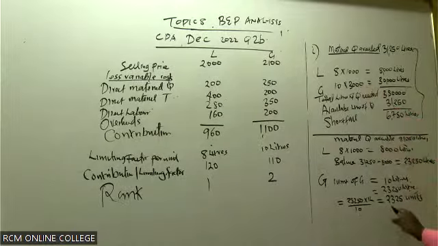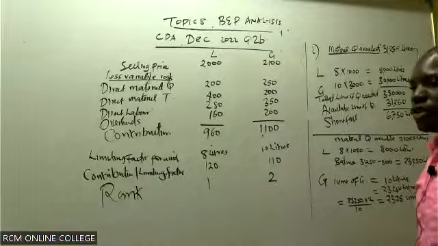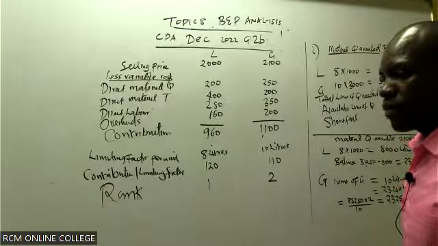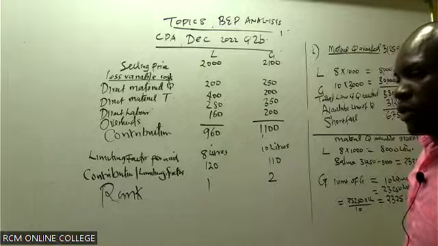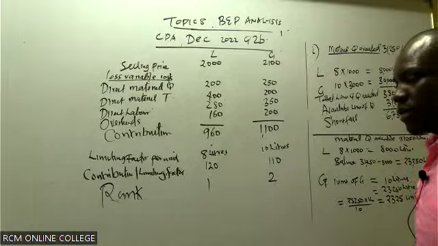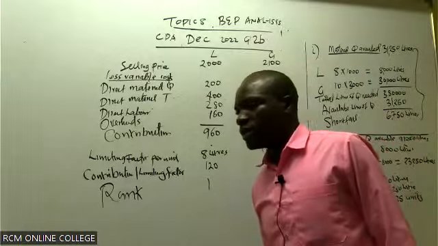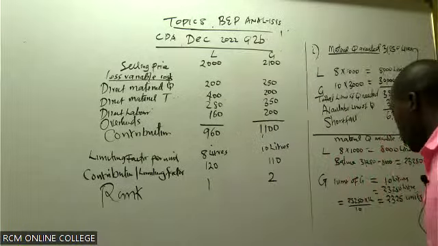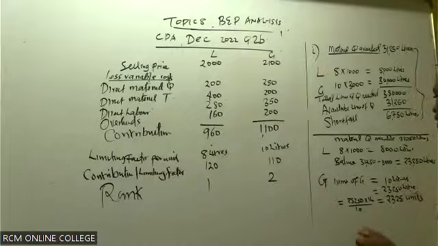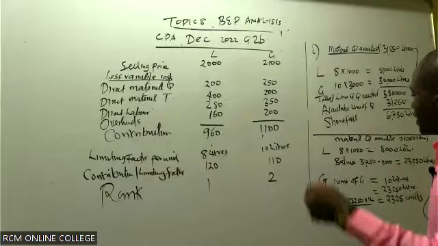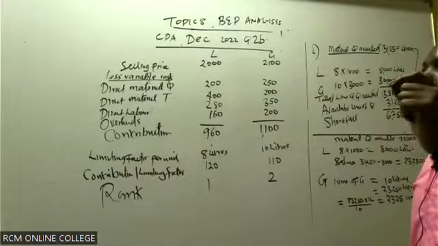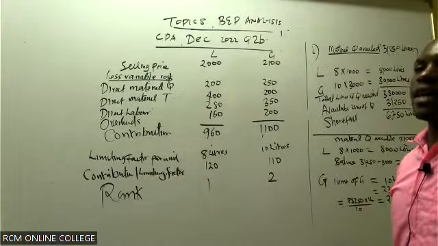So 3,000 minus 2,325, tunabaki na ngapi? 675.